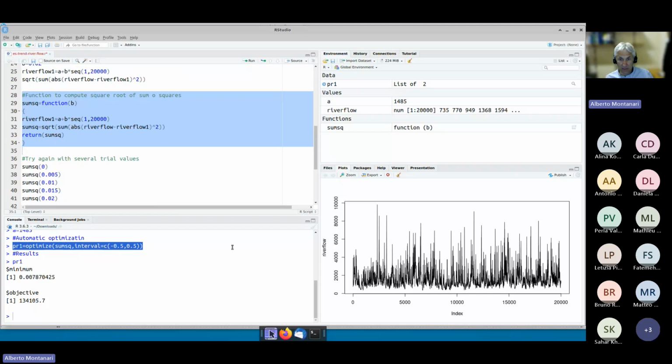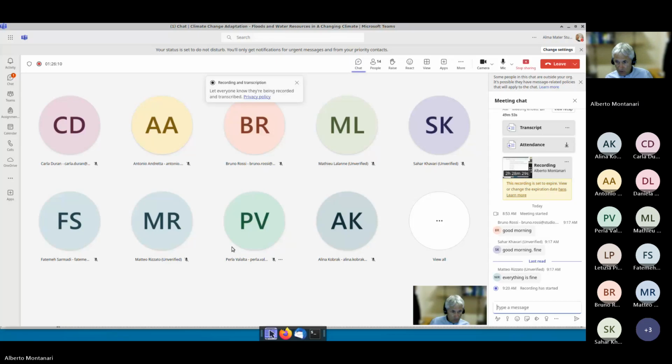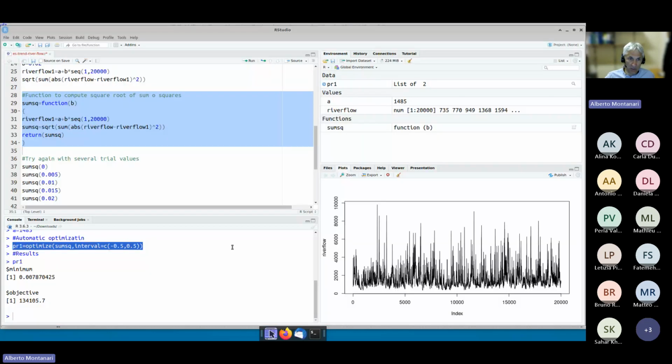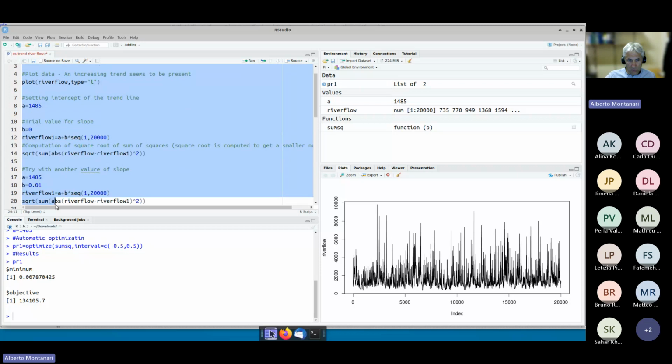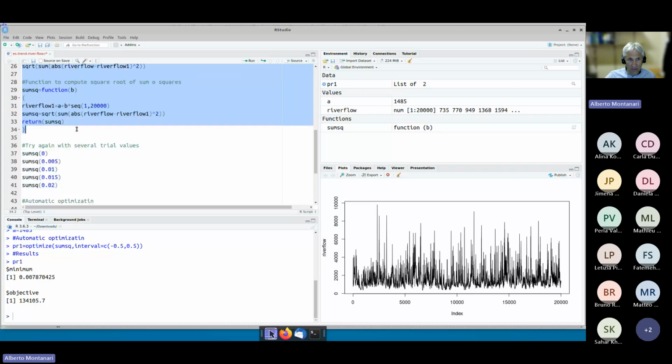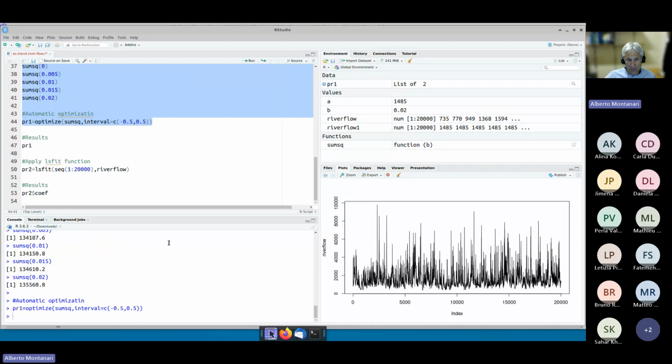Can you follow me? Everything is clear? Let me look at the chat, because basically so far I repeated what we did together. Basically so far what I did is to download the R code and execute it. So you can also select everything and then run the whole of the R code and you get the same thing.